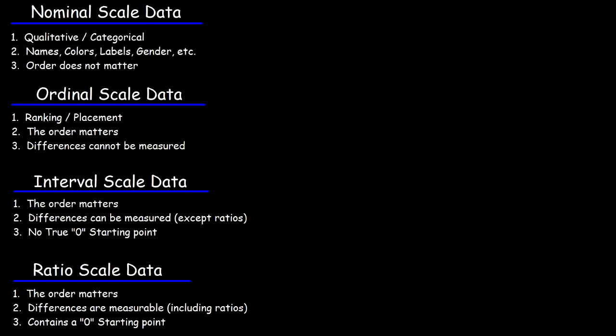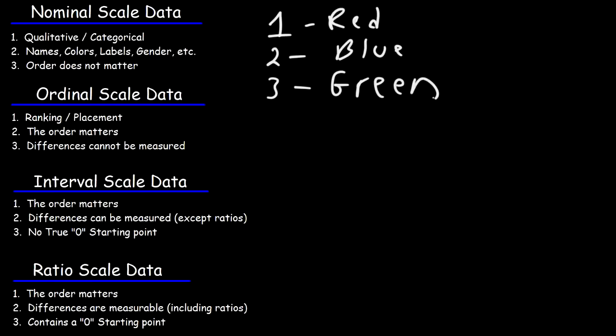So let's talk about the first one, the nominal scale data. So as we said before, this is a qualitative form of measurement. It's categorical, so it can include names, colors, labels, and things like that. So for instance, we could assign a 1 to the color red, 2 to the color blue, 3 to, let's say, the color green, and the order in which we place it really doesn't matter.